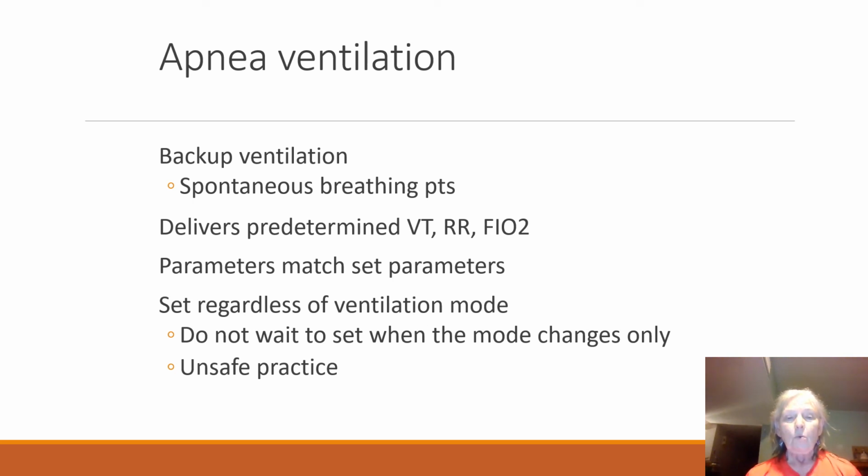Okay. Where do we set the tidal volume and respiratory rate? Wherever it was set when the patient was switched from whatever mode they were in into the CPAP mode. So if the tidal volume were 400 mLs, the apnea tidal volume is 400 mLs. If the respiratory rate was 12 breaths per minute, the apnea respiratory rate is set at about 12 breaths per minute.